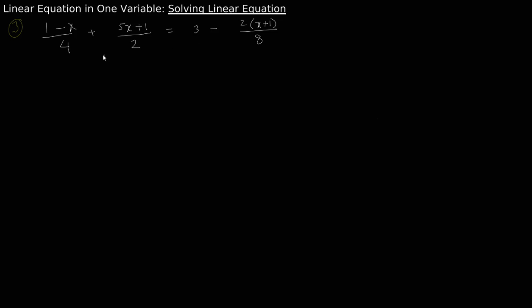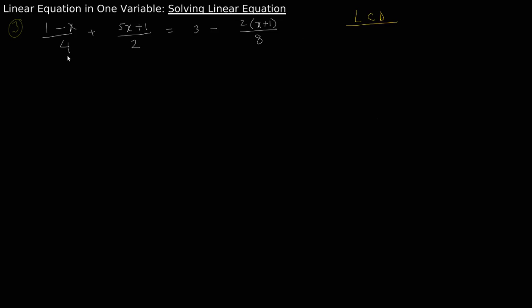Now as you can see, the equation is in rational form, so we need to get rid of the denominator. So for that we need to first find the least common denominator. We discussed what the least common denominator is. Now let's find our denominators.